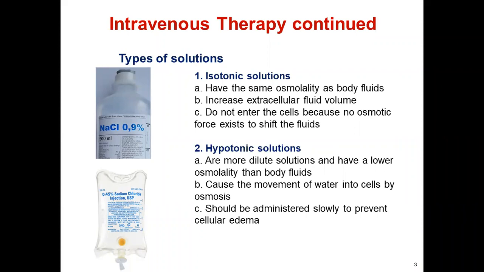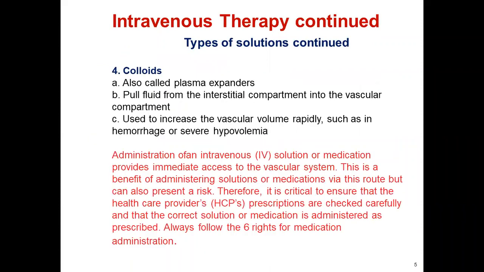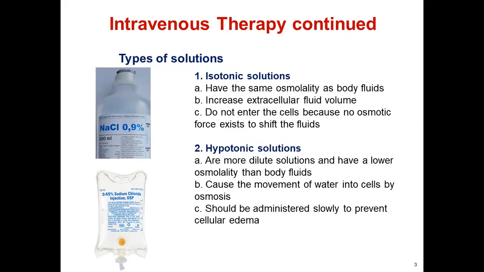So as I told you, the major indications of isotonic fluid: we use it for diabetic complication, for burn patients, to replace the sodium and chloride, and also 0.9% normal saline always hangs with blood transfusion.